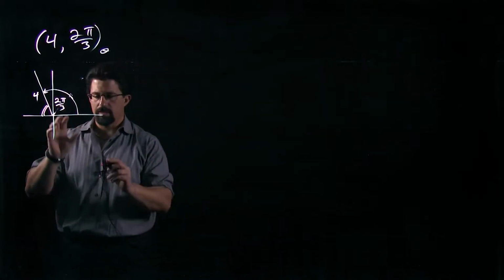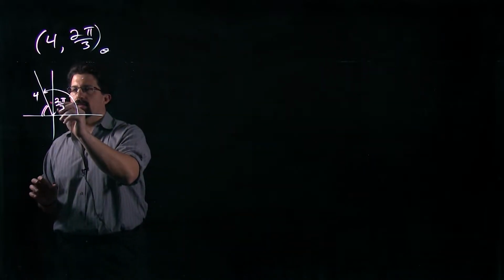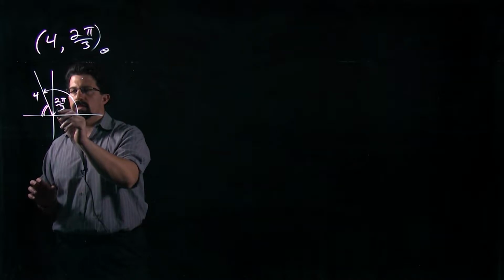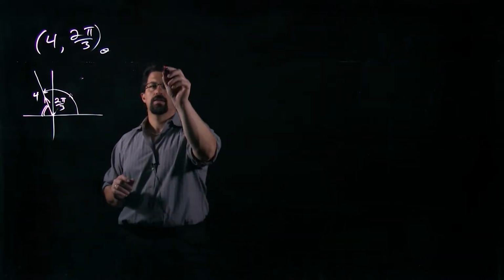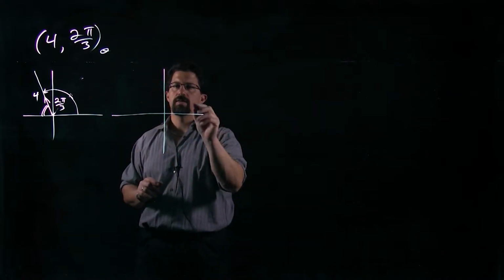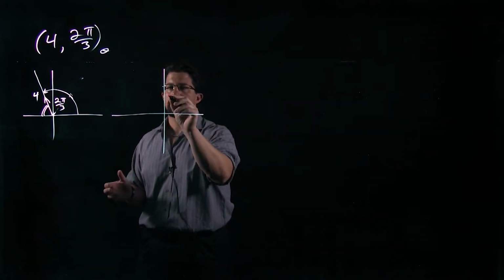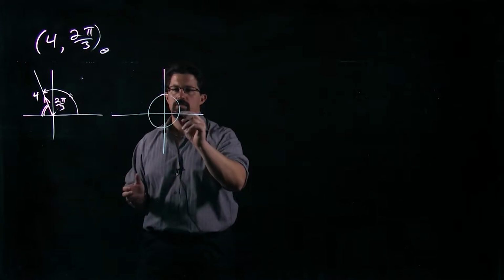Let's take this over here. Let's redraw it. And what we're going to do is try to get a sense of how to move along this line. So I'm going to have this over here. And this time I'm going to use the unit circle. So here's the unit circle.